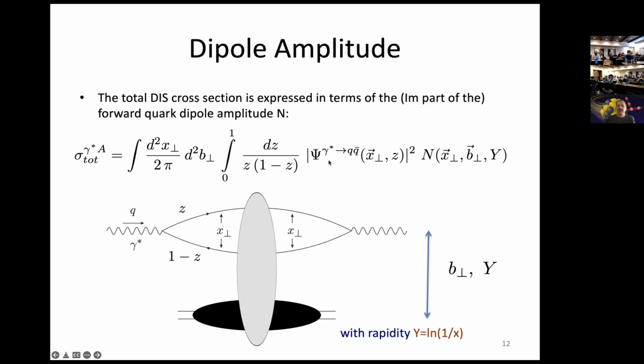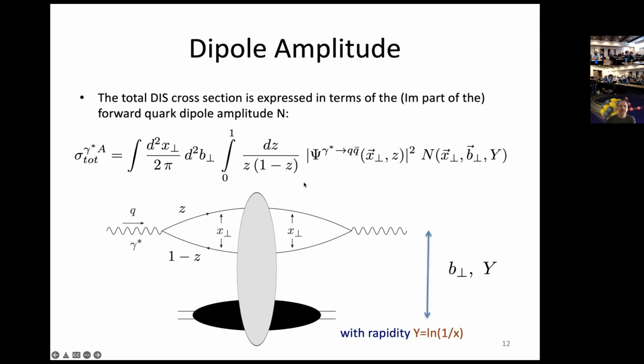These usually factor out in the form of the wave functions, this light cone wave function squared. So on the left of this process, we have a light cone wave function for the splitting of a virtual photon into a quark-antiquark pair. And it depends, of course, on the virtuality of the photon.